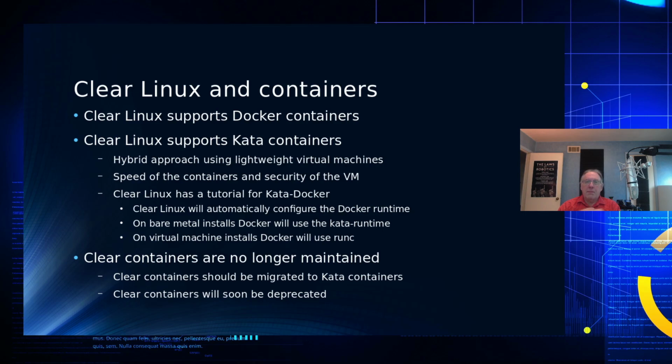Kata containers creates a virtual machine around the container to offer a layer of protection that a Docker container alone does not have. So it replaces the runc with the Kata runtime. And the Kata runtime allows me to use the same Docker commands, the same Docker installation processes, only under the covers, Kata is creating a VM around that Docker container.